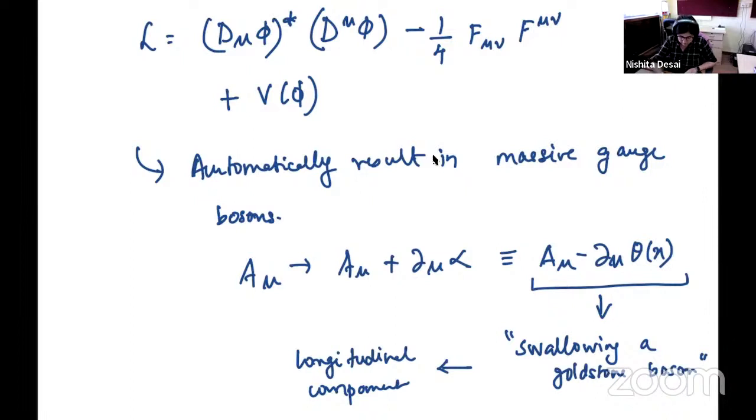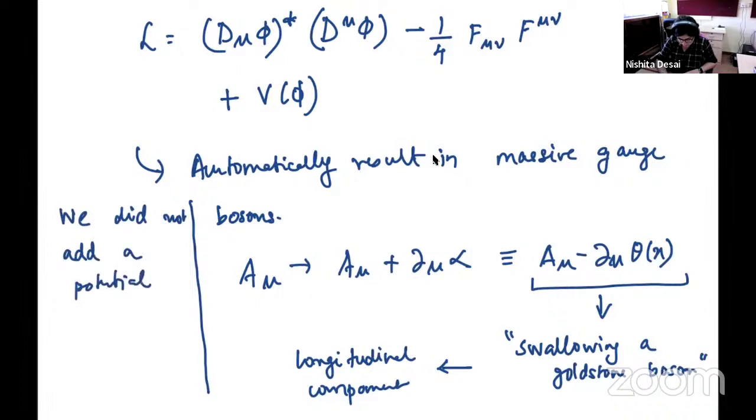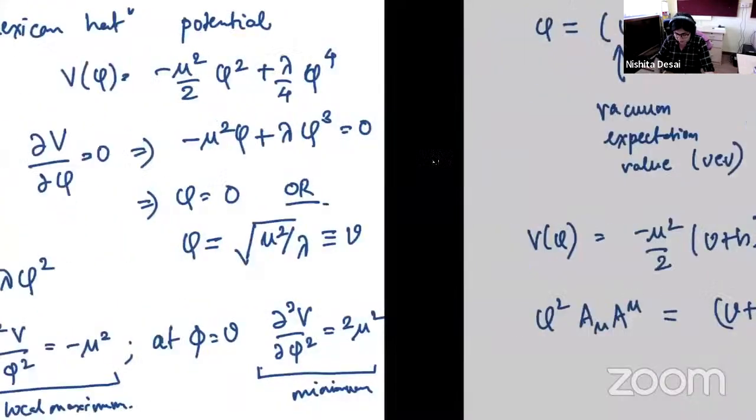So another thing to remember is that we did not add a potential in the theta direction. Okay. So the potential is always in the radial direction, not in the theta direction. Okay. So I don't see any questions immediately, so let me just recap.